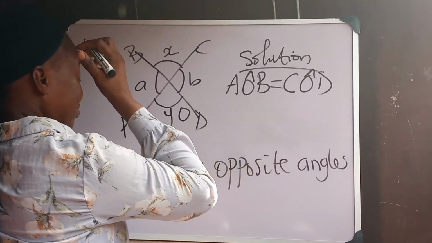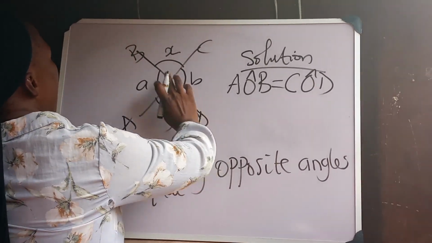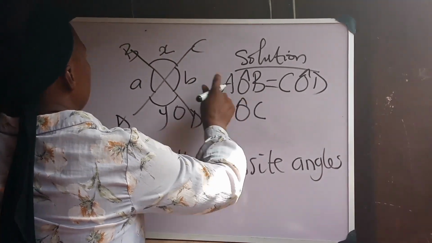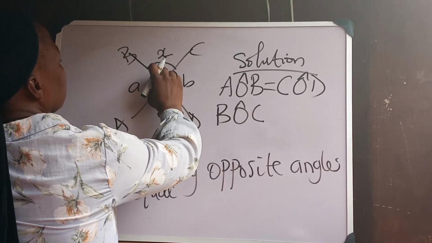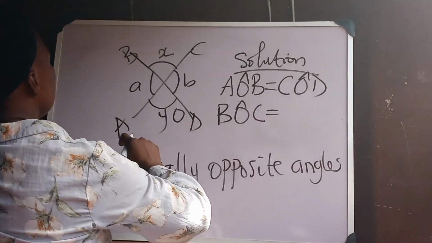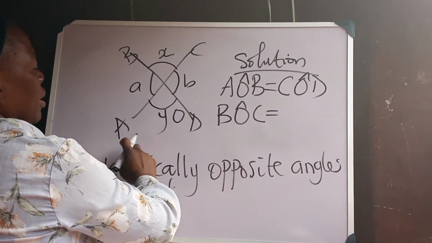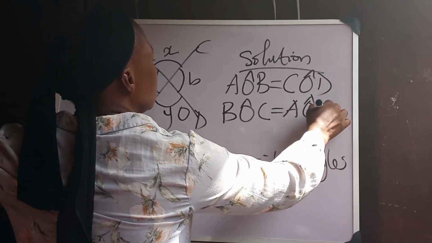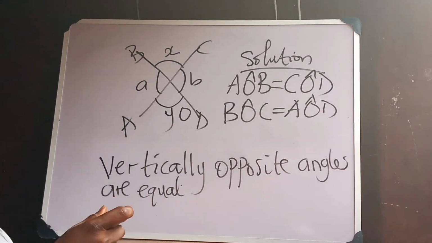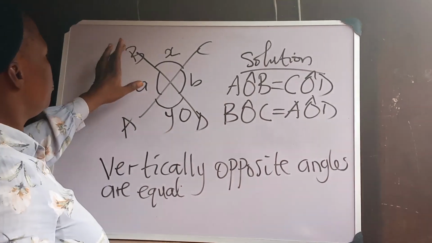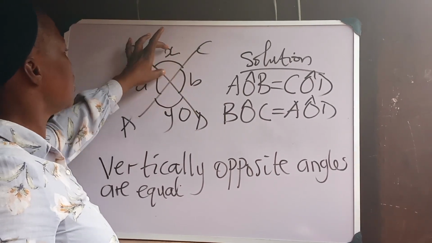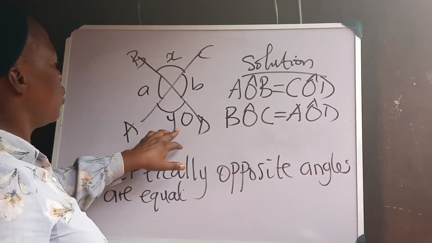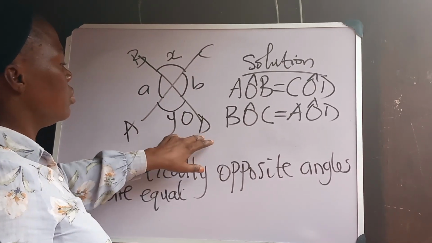Then we get again angle BOC. This very angle here is equal to angle AOD. Very simple. Angle BOC, meaning this angle is equal to angle AOD.